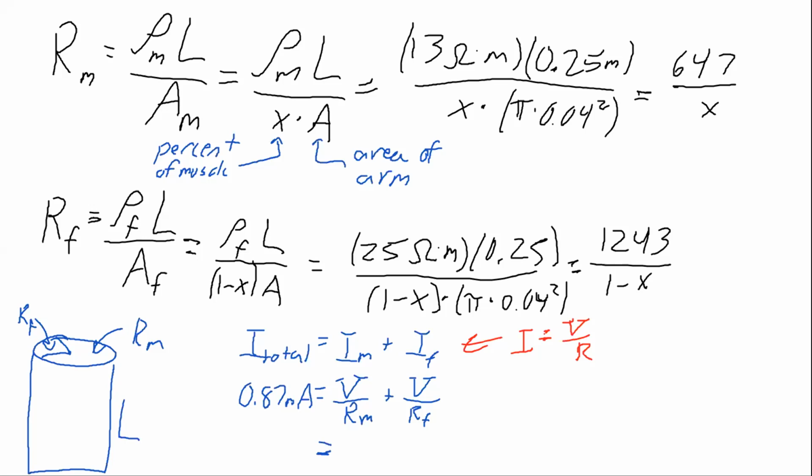The voltage on my muscle side, like we said, is 0.60 volts. And the muscle resistance, we calculated up there on the top, 647. I kept a couple of extra digits there for rounding errors, times X.